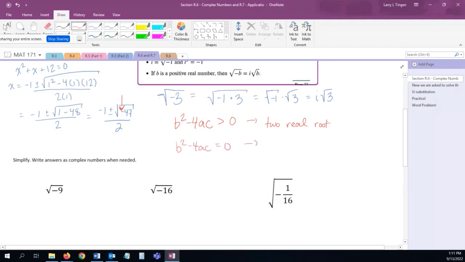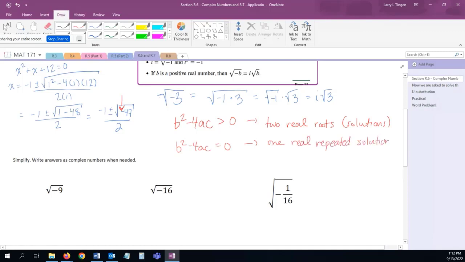All right. So 2 real roots or 2 real solutions. Okay. If the discriminant is 0, that means you have a repeated root. So you have 1 real repeated root.